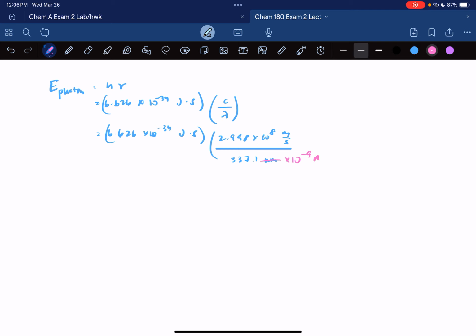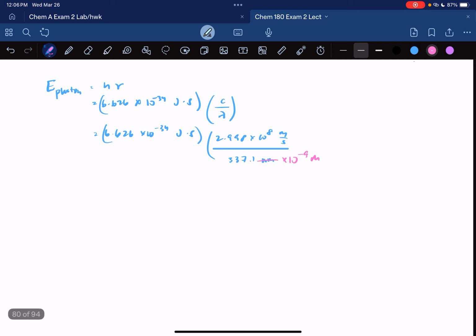So this one turned out to be 5.893 times 10 to the minus 19 joules per photon. Understand that.